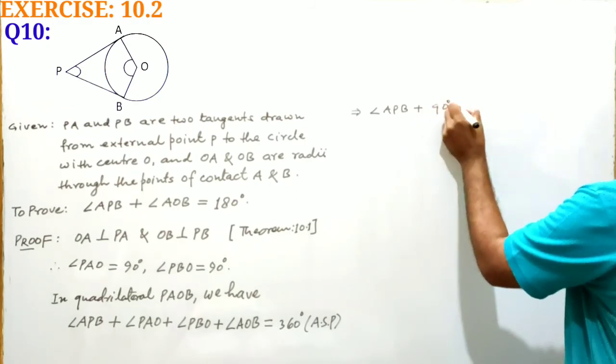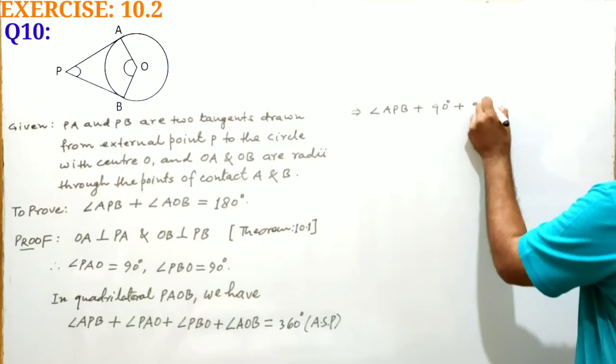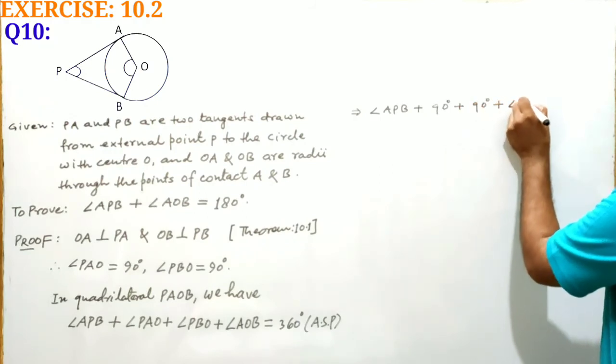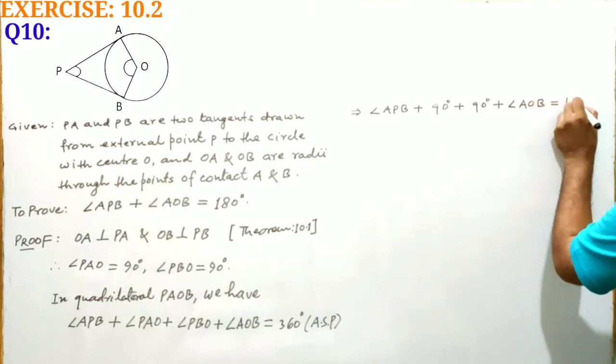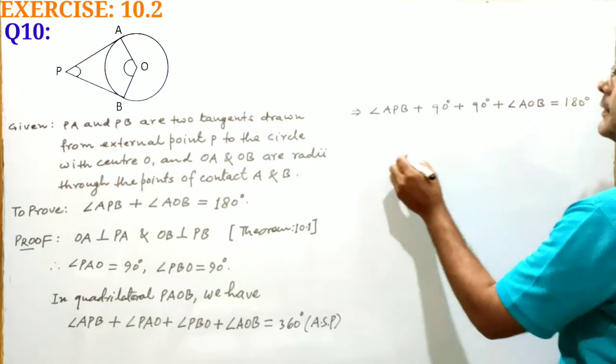So 90 degrees plus 90 degrees is 180 degrees.